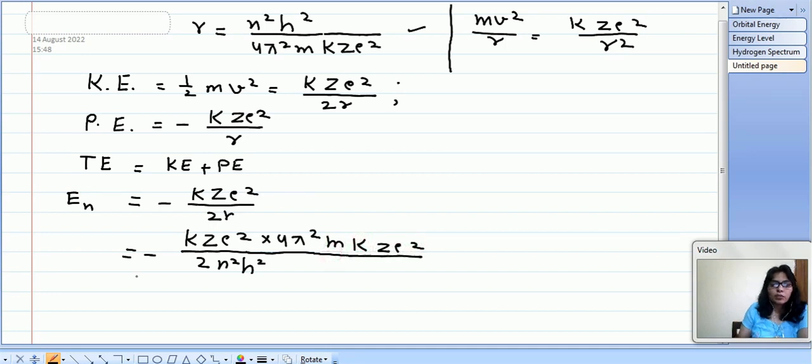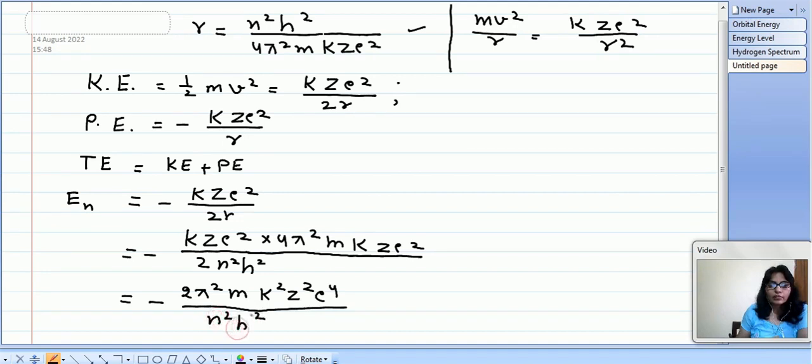Let us simplify this term. The 2, 2, 2 and 4 will get cancelled. So we have 2 pi square m k square z square e to the power 4, divided by n square h square.